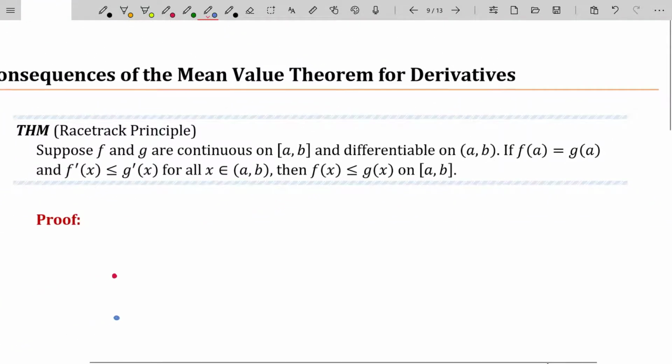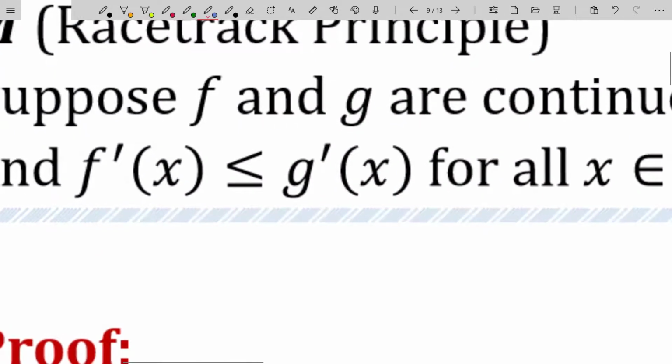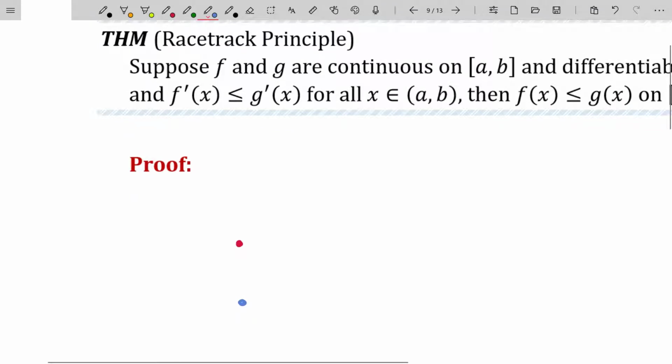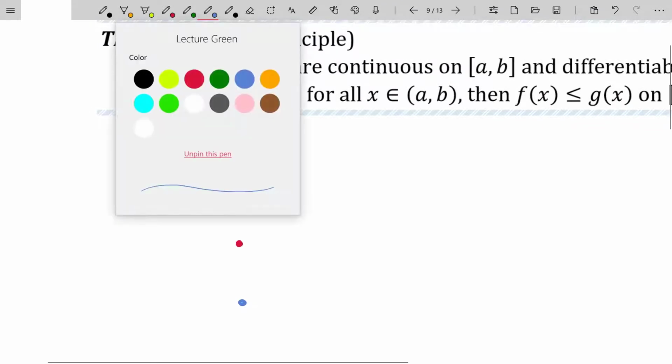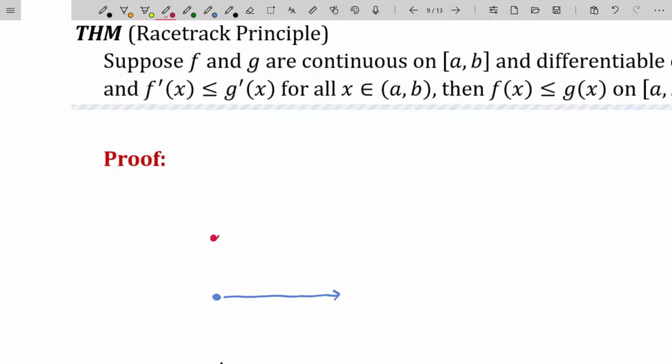But horse f is slower than horse g. f prime is less than or equal to g prime. So in a few seconds, it should make sense that horse g is slightly ahead of horse f, because horse g is at the same speed, if not a little bit faster than horse f.